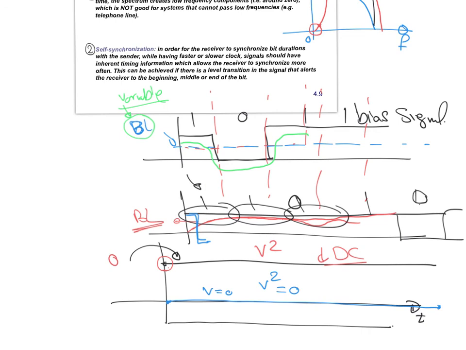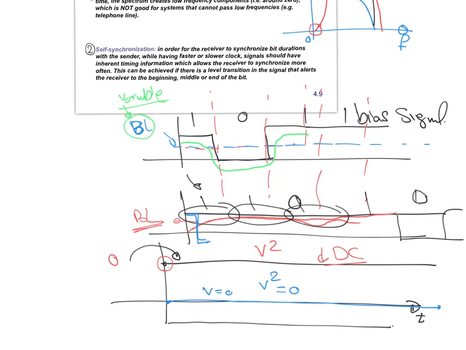Clear? So in all cases, it's very advisable to change the voltage level, preferably within the same bit. Within the same bit, it's preferable to use multiple voltage levels, because this allows us to eliminate the baseline wandering.